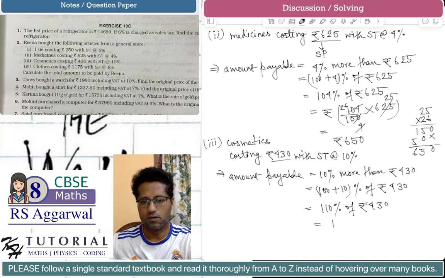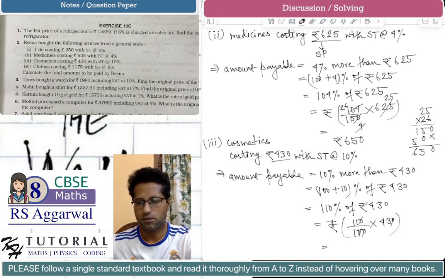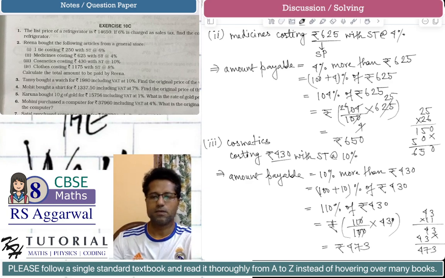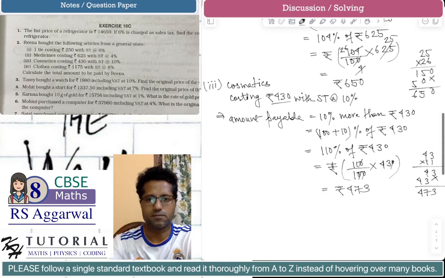This is equal to rupees 110 divided by 100 multiplied by 430. 0 0 cancel, 0 0 cancel. This is 430 multiplied by 11, which is 473. So rupees 473 is the amount payable for the cosmetics.